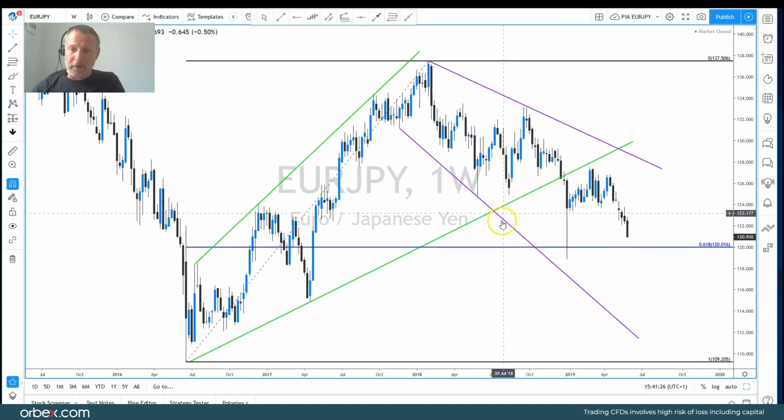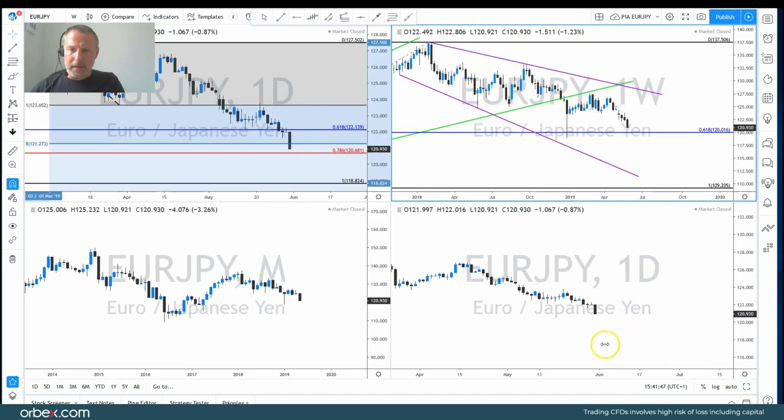And this looks like another expanding wedge formation. So we have this one, which is bearish and wants to drive this currency pair lower. We've got this one, which is bullish and potentially could drive this currency pair higher. As you can see, there's plenty of scope for a move in either direction, really, in euro yen.